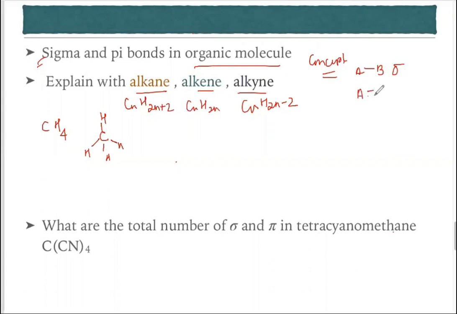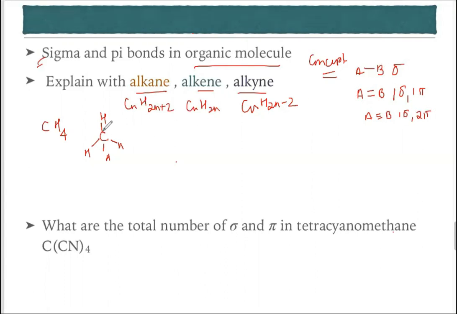If there are two bonds between two atoms, one is sigma and one is pi. If there are three bonds between two atoms, at least one is sigma and the rest are pi, that means one sigma and 2 pi.